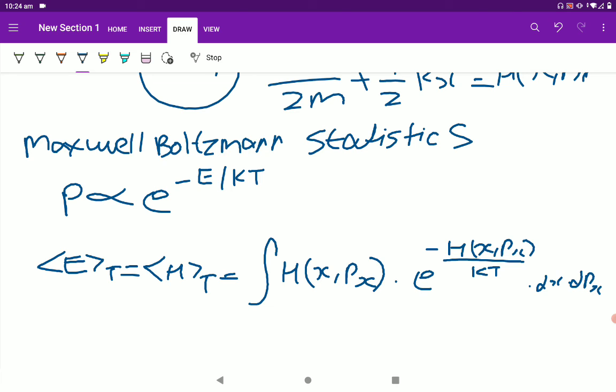We also have to normalize, because we have to fix the integral of this probability, e power minus E by kT, to be equal to 1. So we have to divide by the integral of this probability.